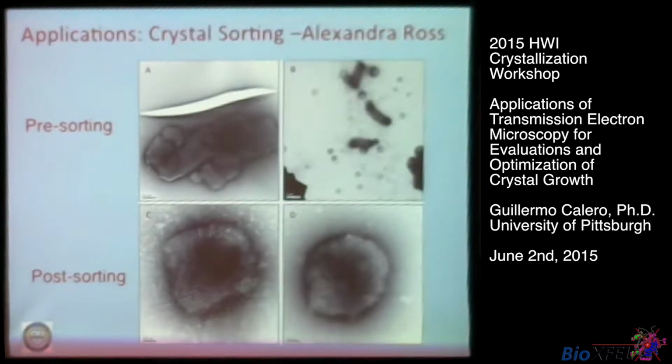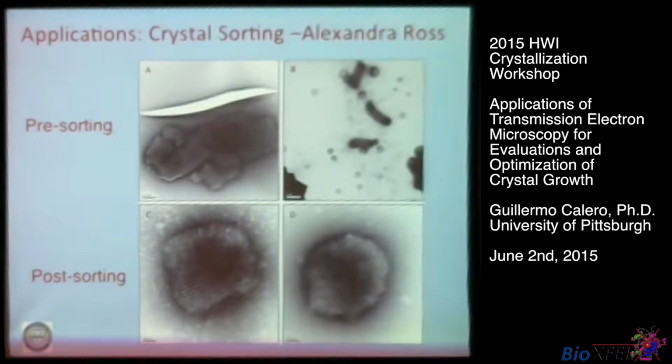So now I've shown you that TEM is a good method to pre-characterize your sample, pre-characterize your crystals, and I'm going to tell you some of the applications. This is a collaboration we did with Alexandra Ross. She's going to give a talk, and we'll hear from her better.